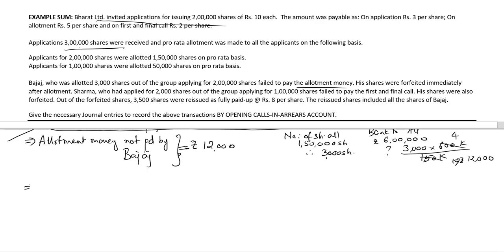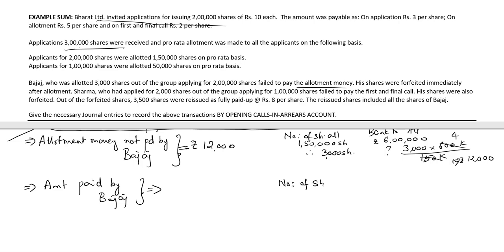Next, let's calculate the amount which is paid by Bajaj. The two columns we will take is the number of shares allotted column and the application money received column.